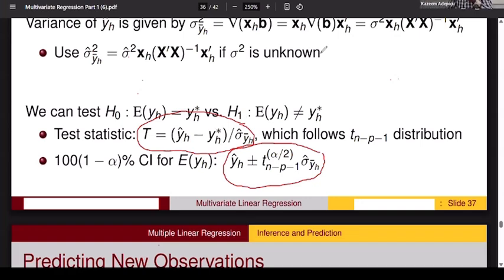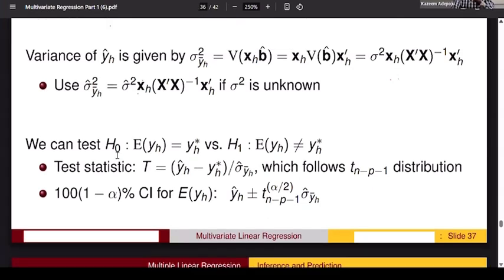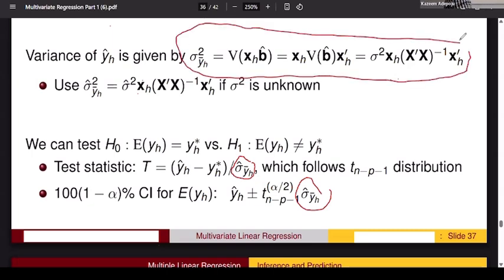That standard error is the square root of this guy. I'm going to clean this up so you'll be able to see the connection. Pay attention now. The standard error here and the one here is the square root of that guy.